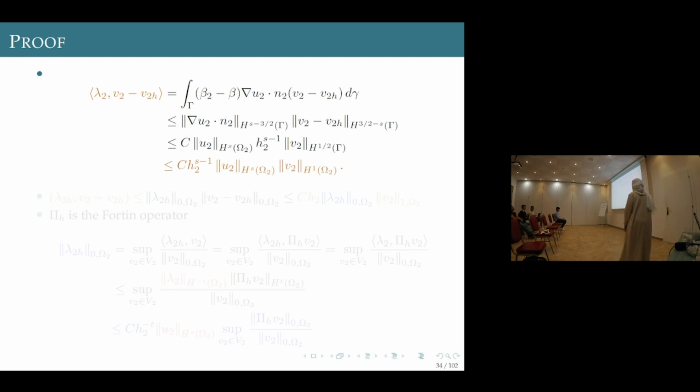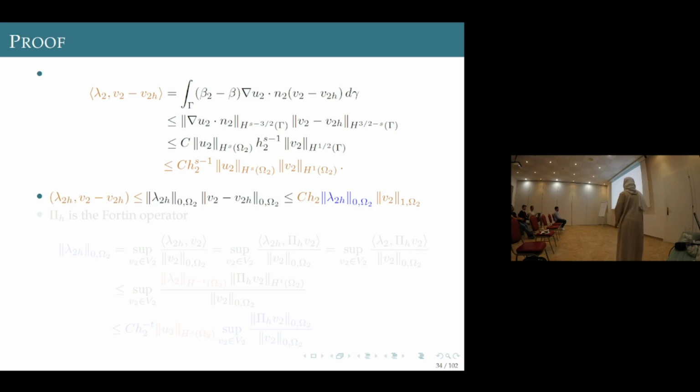Here I can use the bound in here, since 3/2 minus S plus S minus 1 is 1/2, so we can do that. And then using the trace theorem, this maps into the H1 norm of V2, moved from the interface to the whole domain. And then we have H to the power S minus 1 here for this term.